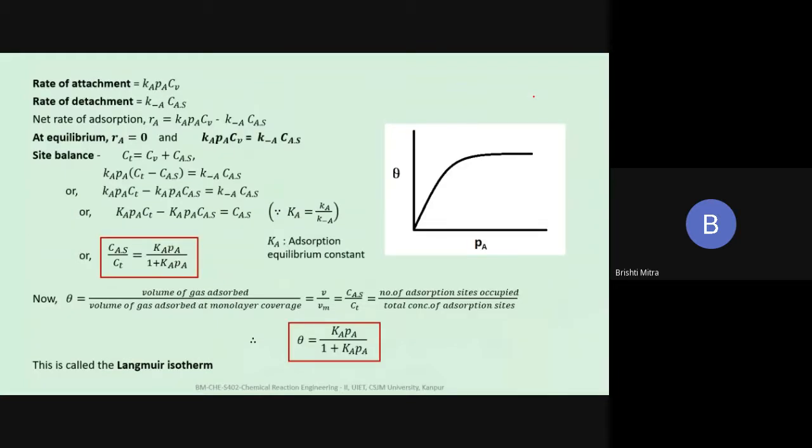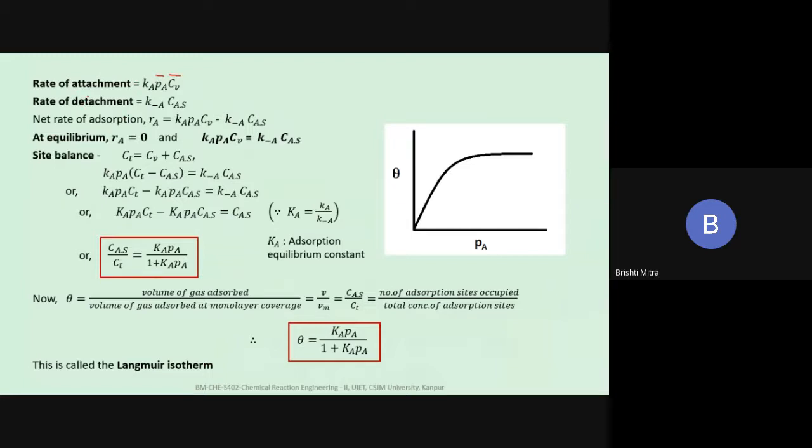Now if I put all of these terms mathematically, the rate of attachment is proportional to the partial pressure of A and the number of vacant sites. If you remove the proportionality constant and bring in a constant here, this is known as ka.